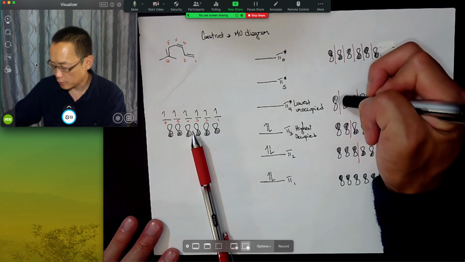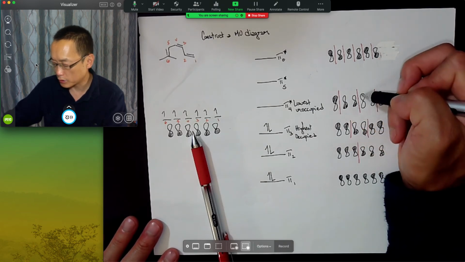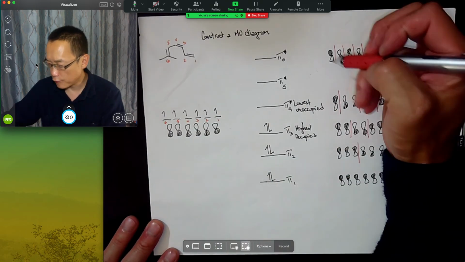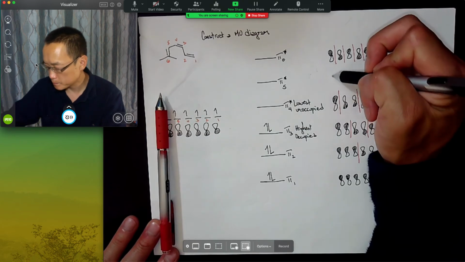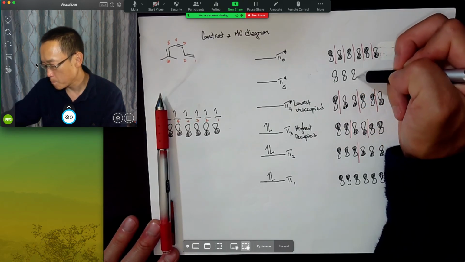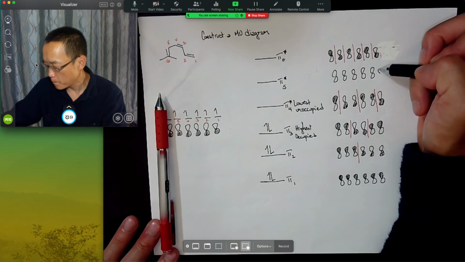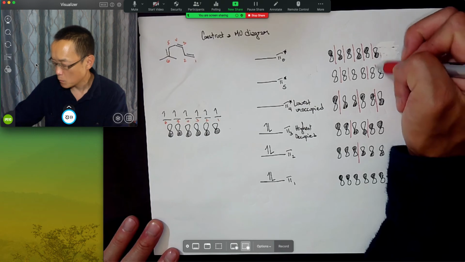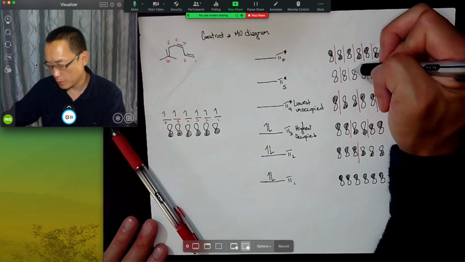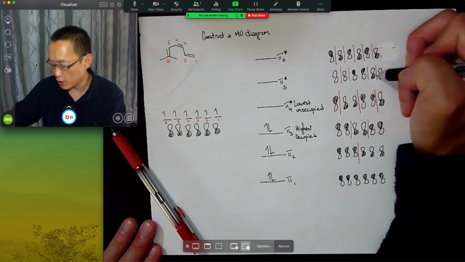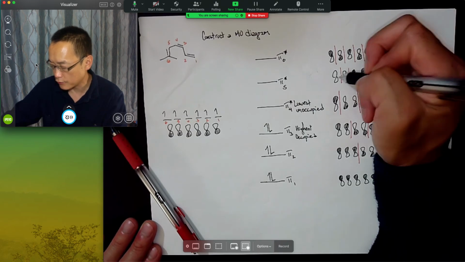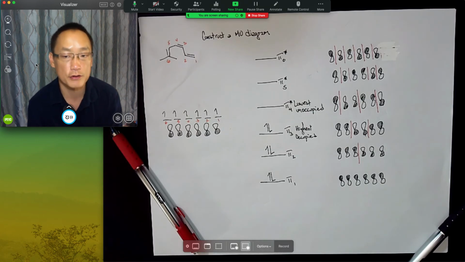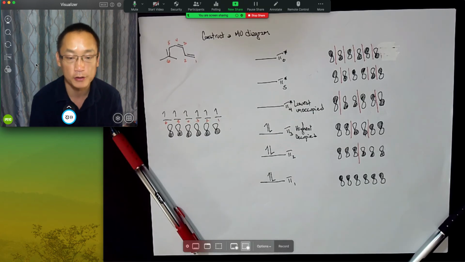And so we would have an MO that would look something like this. And then we have to do 4. We'll preserve the bonds in the very middle of the molecule, but now you can see these tail ends are starting to just fall apart. And that ends up being a well-constructed MO diagram for the pi portion of that molecule.